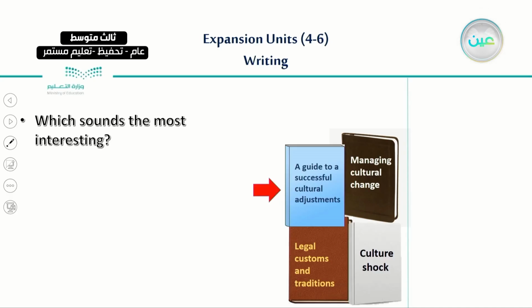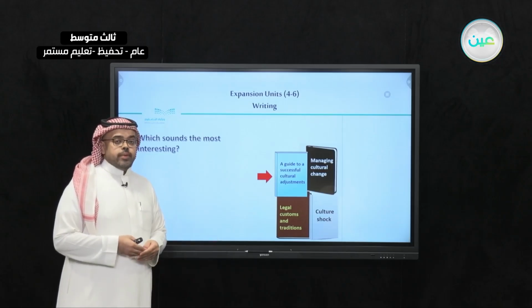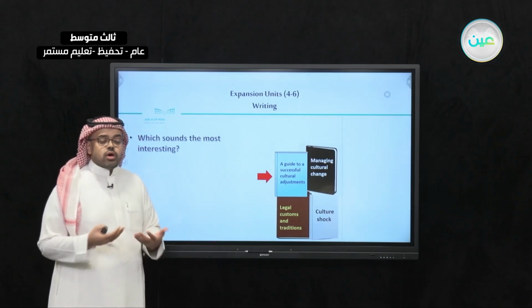Would you choose the first one, A Guide to a Successful Cultural Adjustment? A guide here means manual. It means a book of instructions for a successful cultural adjustment that helps you to adapt to a new culture and maybe a new place or a new country.